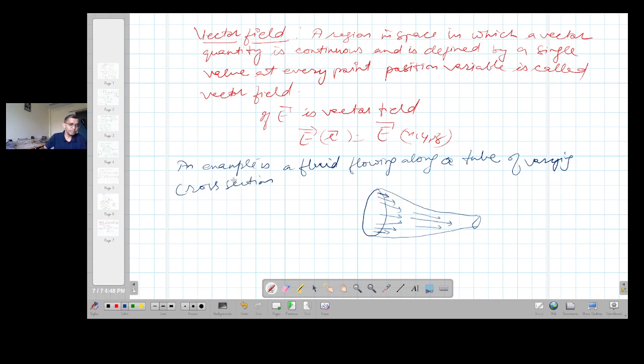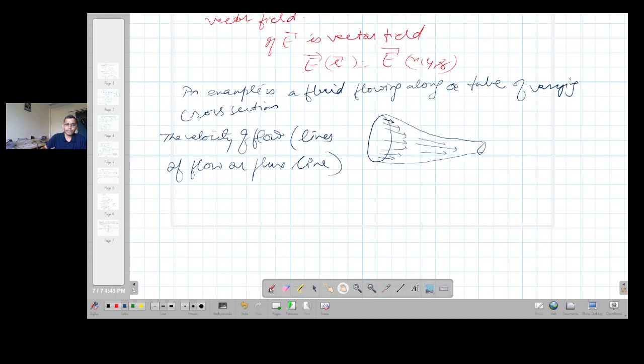So the velocity of flow, or in other words the lines of flow or flux lines, have both direction and magnitude, and these two things are defined at every point.